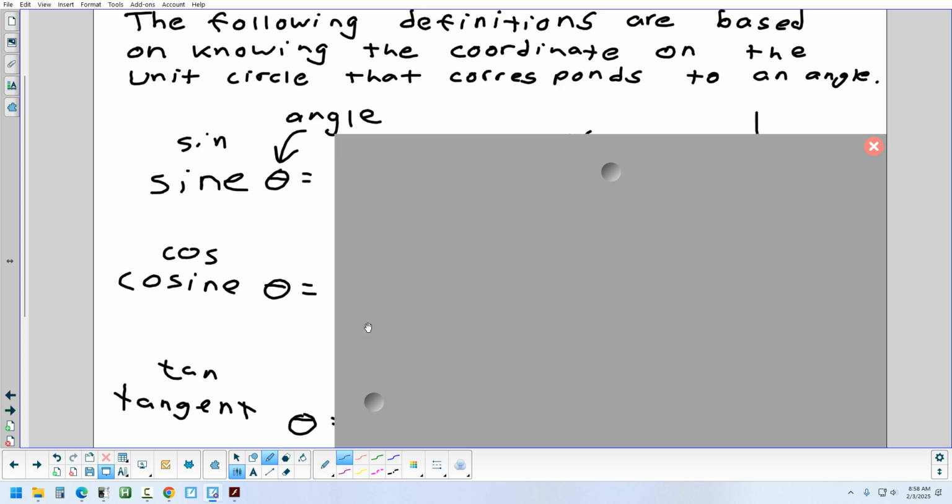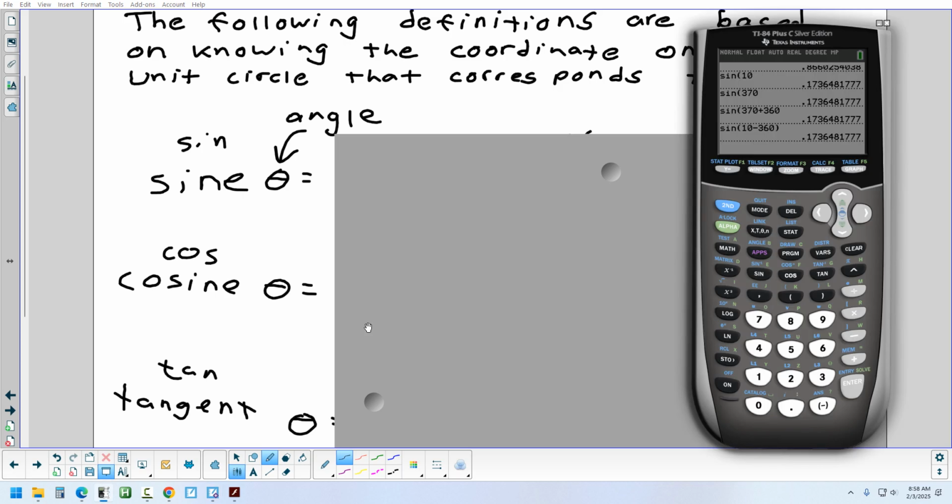The first thing to understand about a trig function is when you type it in on a calculator like this, sine, and you put in a number, that number that you just put in is an angle. Where would you have gotten that angle from? Maybe you had a diagram of a triangle, and that's where you got the 15 from? I don't know. But wherever you got it from, that number is an angle.